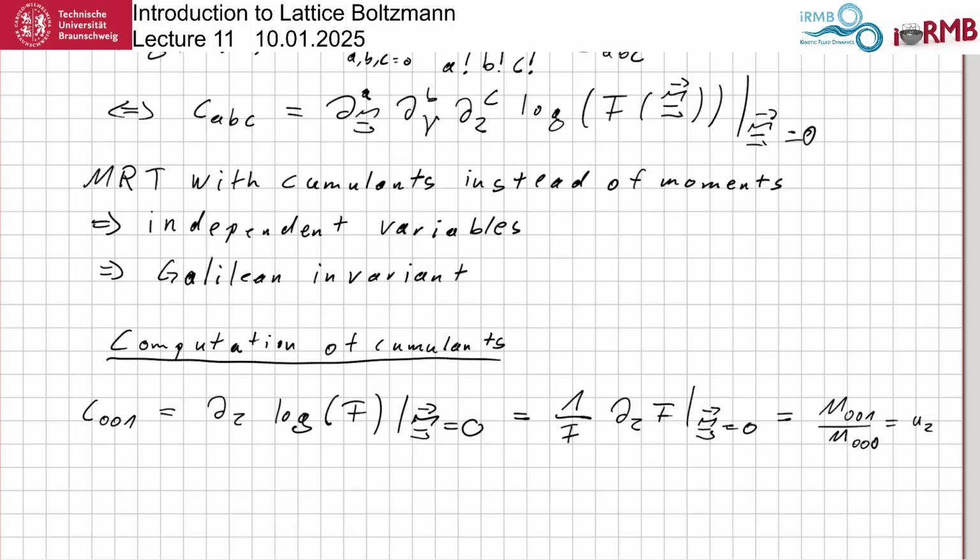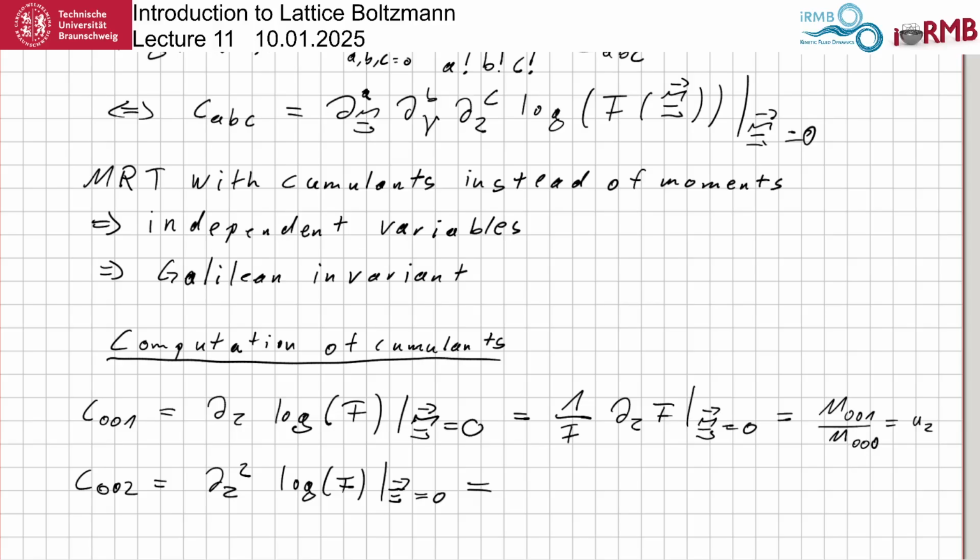So the next thing, C00 was time. Okay, I will take over time again, but anyway. Take this as the second derivative of the logarithm of f at xi equal to 0.